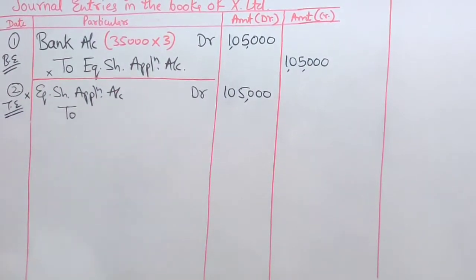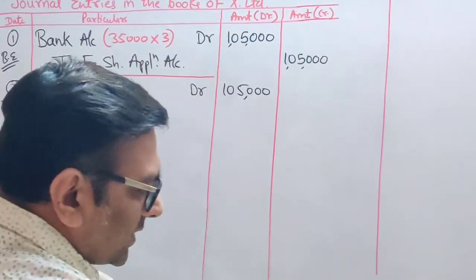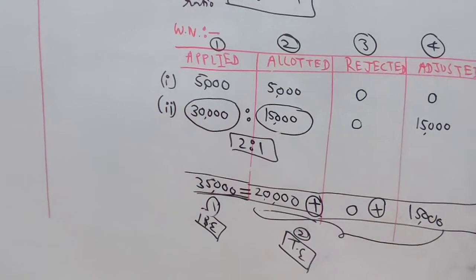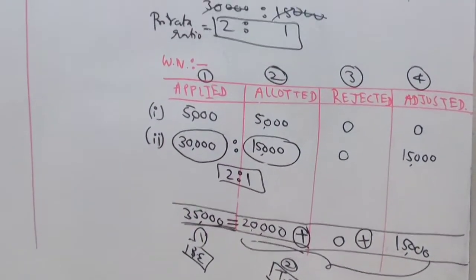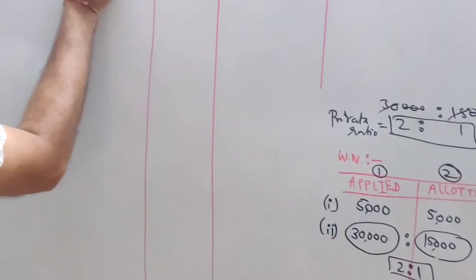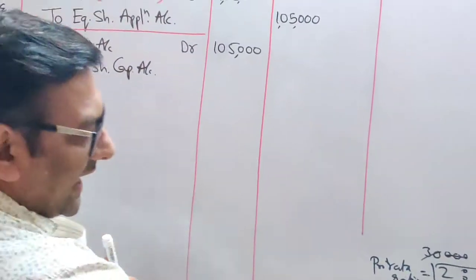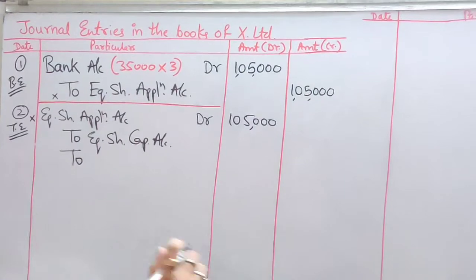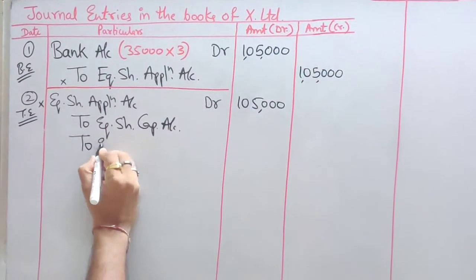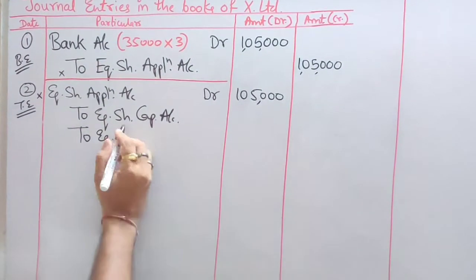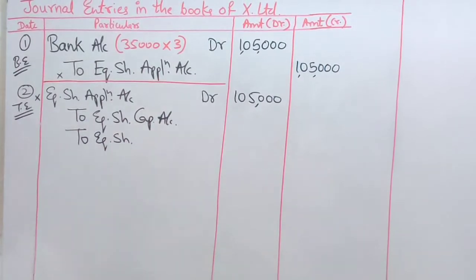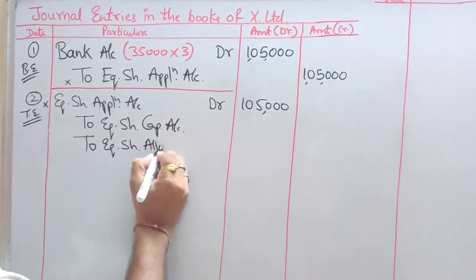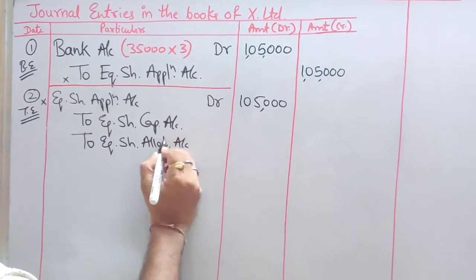To what? You have to write as per the table. So you have written 20,000 in the allotted column. Allotted column will go in capital account. So to equity share capital account, and the adjusted amount, 15,000, you are going to adjust against the next installment. Which is your next installment, students? Allotment. So you will write to equity share allotment account.